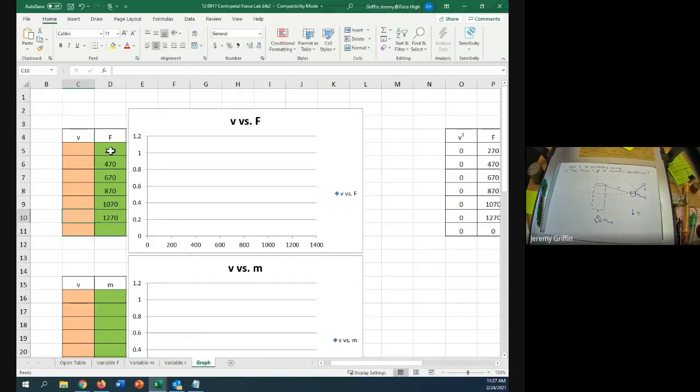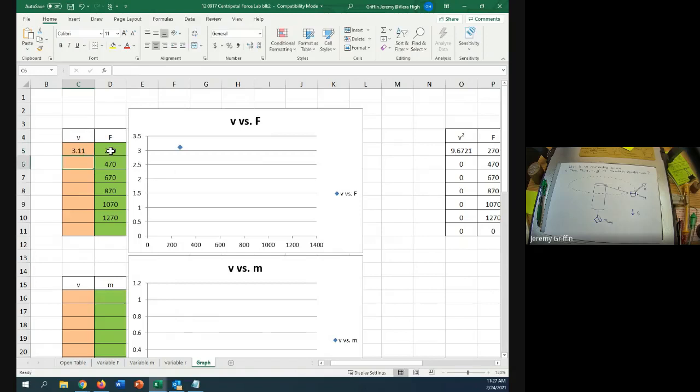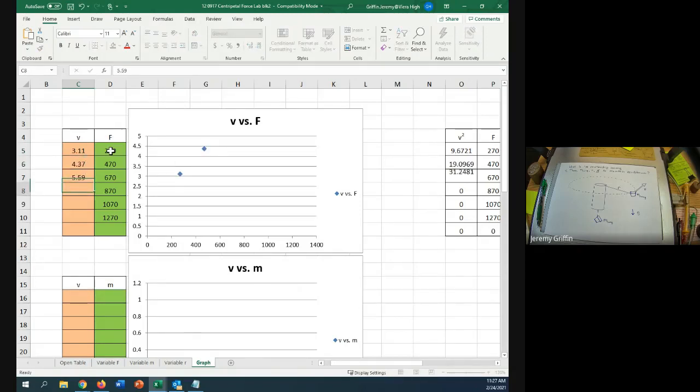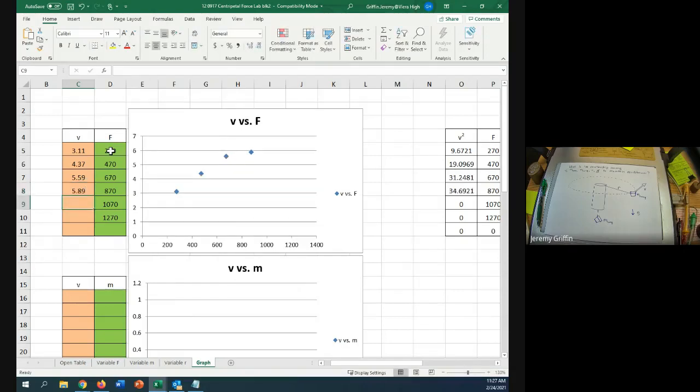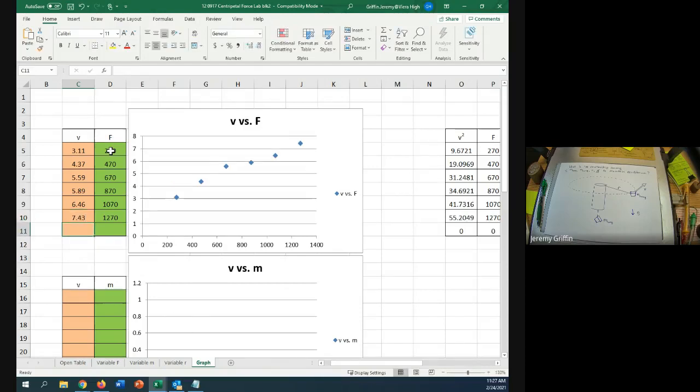And then the corresponding speed values went 3.11 meters per second, 4.37, 5.59, 5.89, 6.46, and 7.43. Those would all be in meters per second. Oh, that's exactly what that graph should look like.